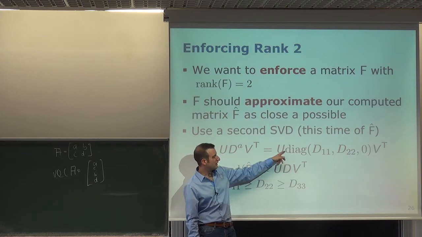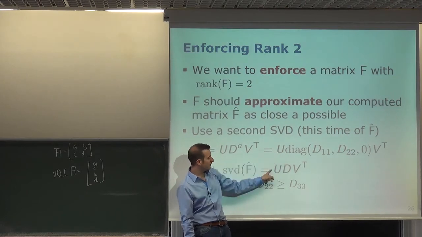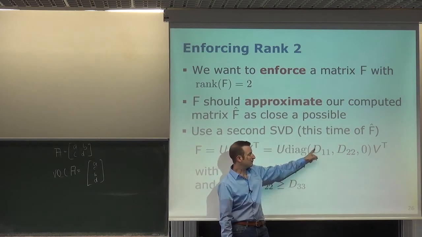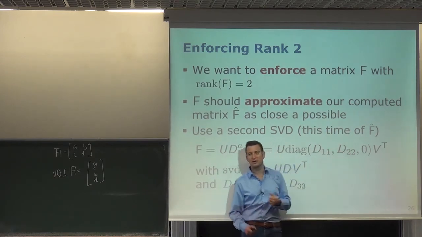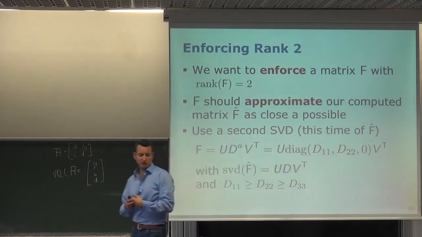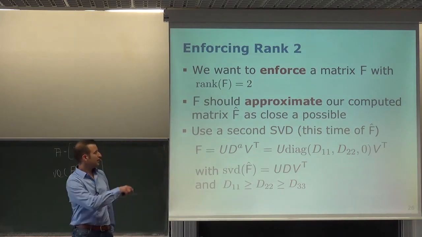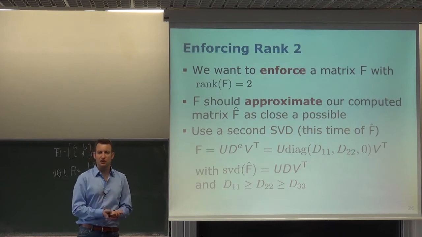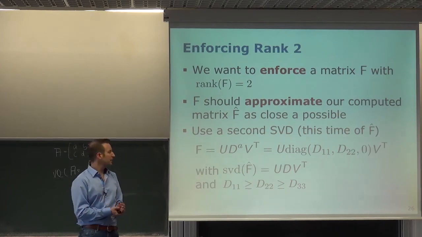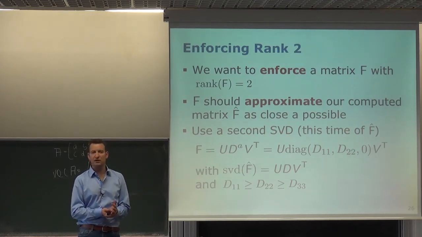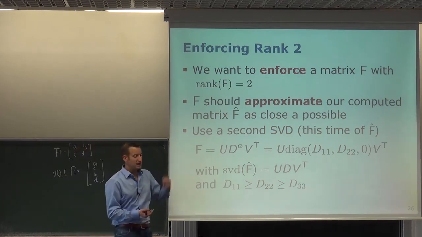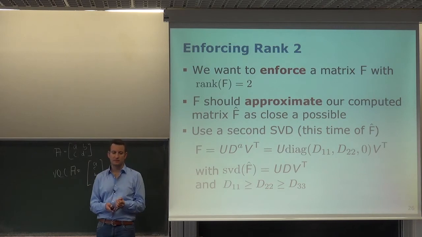So we take the 2 largest singular values and replace D by just those, and then obtain the matrix F, which is as close as possible to my matrix F hat that I estimated from solving my system of linear equations, but which has this rank 2 constraint.